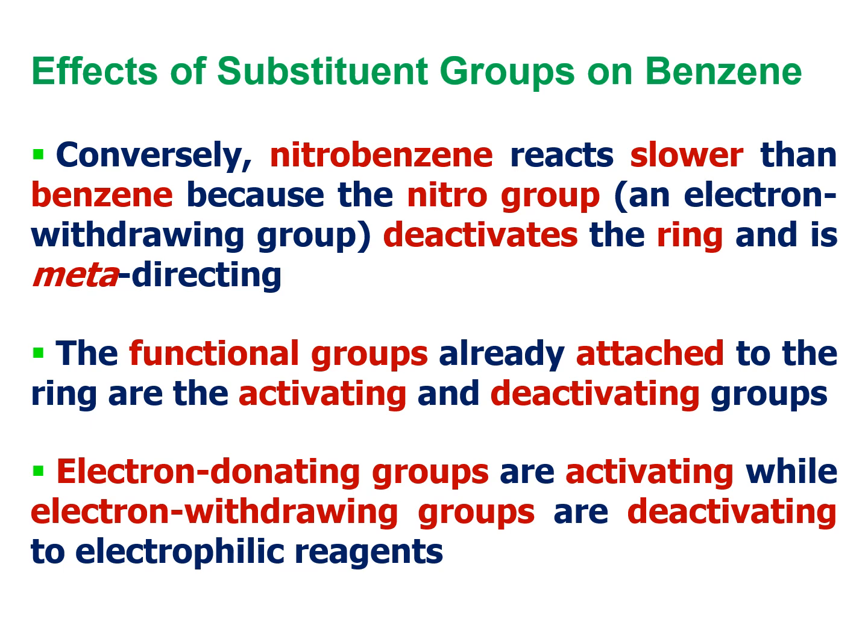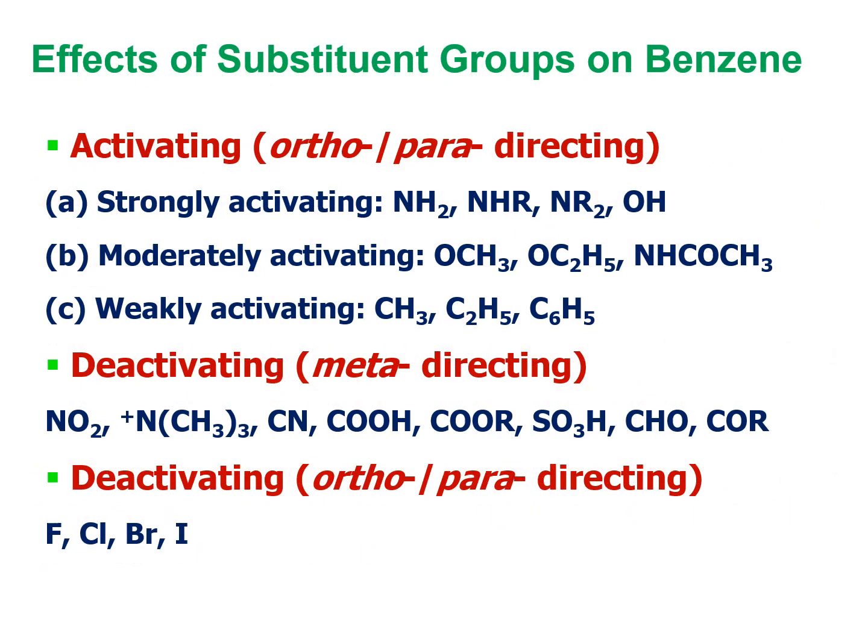Deactivators are meta directors, while activators are ortho-para directing. Under activators, we have strong activators, moderate activators, and weak activators, but they are all ortho-para directing. Under deactivators, we have two types of deactivators.